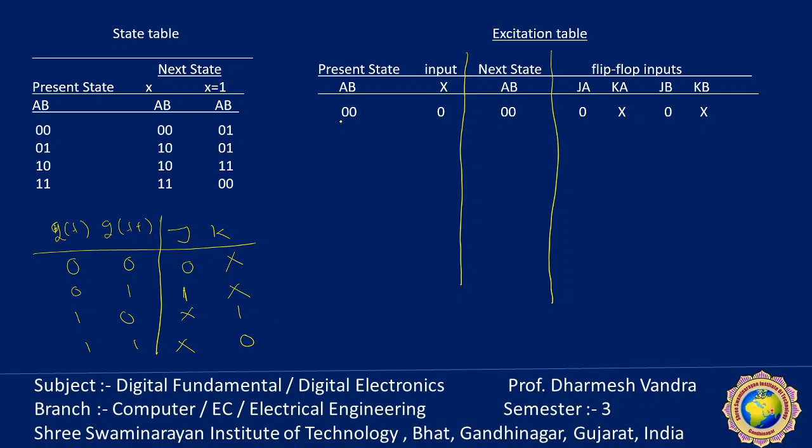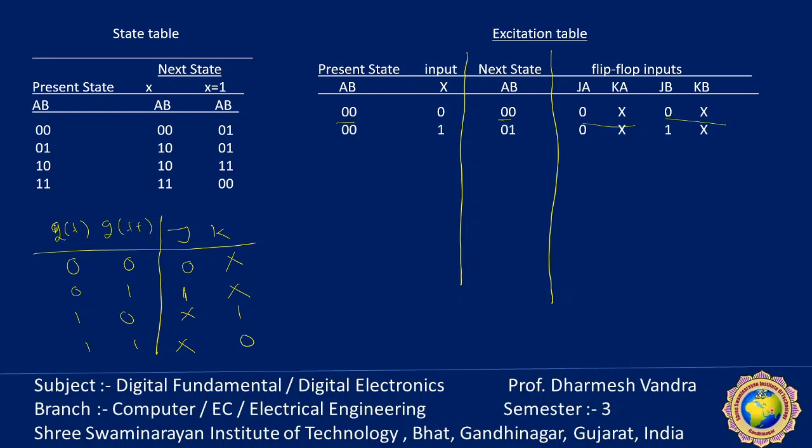So here A(t) is 0, A(t+1) is 0, so for flip-flop A it is 0x. For B, 0 again 0, so it is also the same, 0x.